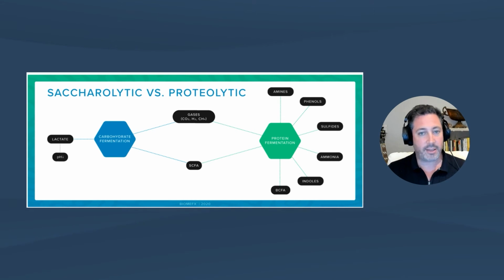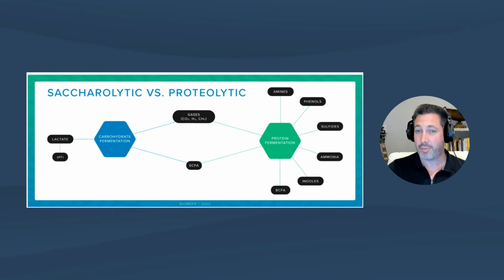It doesn't really create too many issues, but that also depends on where these processes happen. Keep in mind the small bowel is mainly made for protein and fat absorption. It's not really related to carbohydrate fermentation. So carbohydrate fermentation should occur in the colon.